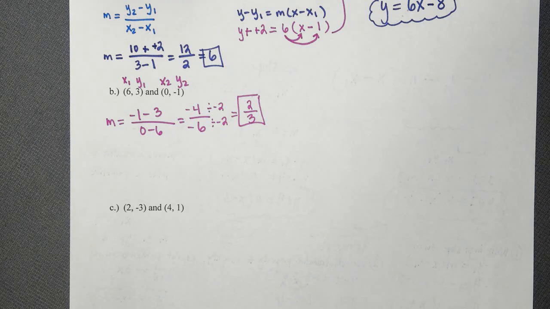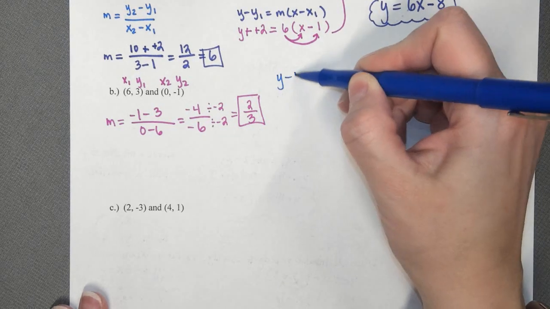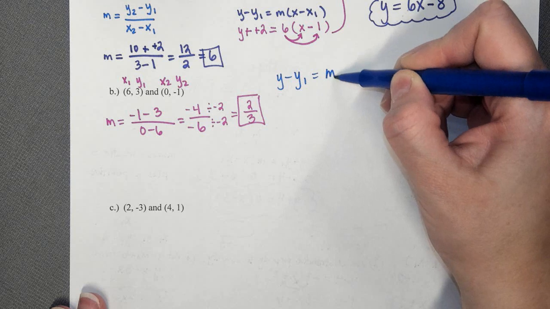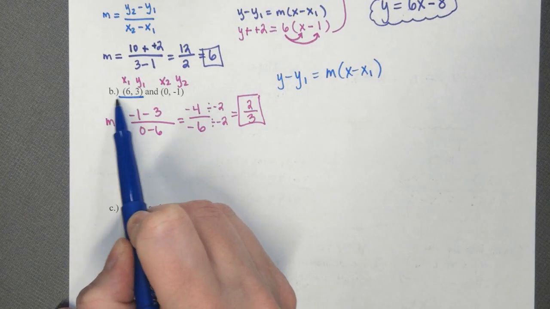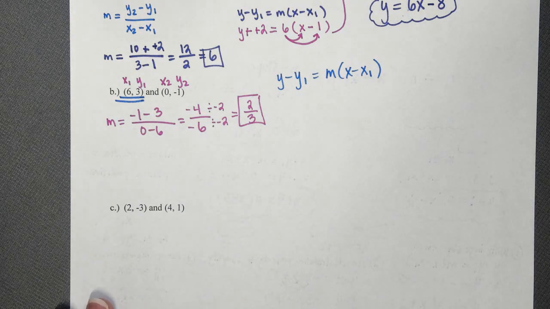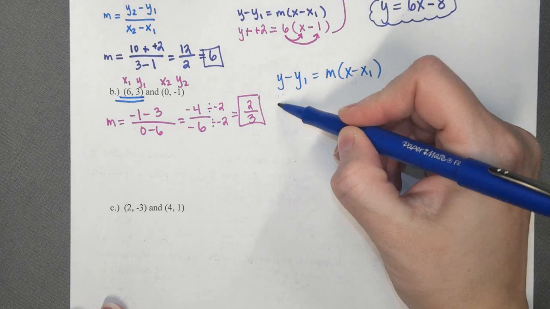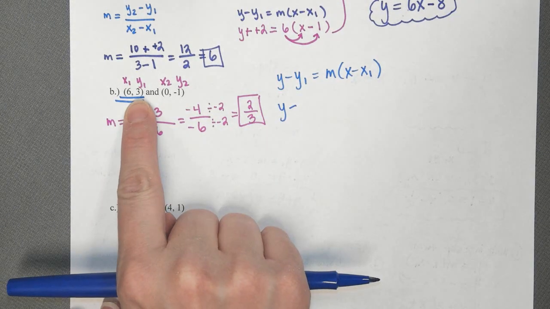And then when you're plugging this in, you're plugging it in to y minus y1 equals m times x minus x1. So you've labeled your x1, y1, and you just found your m. So you're going to be able to go right to this step, y minus, and then look at your y1.